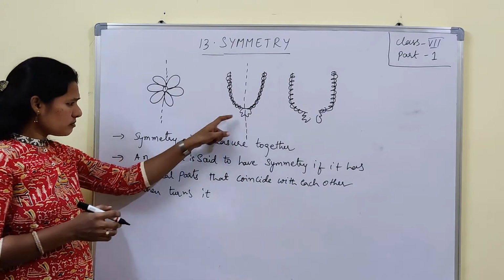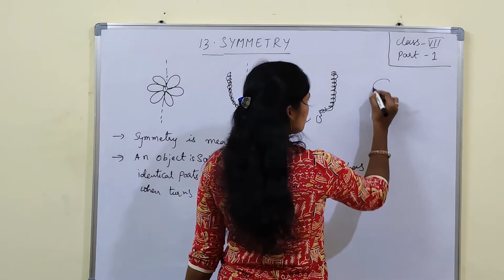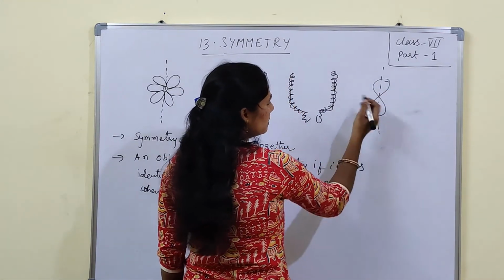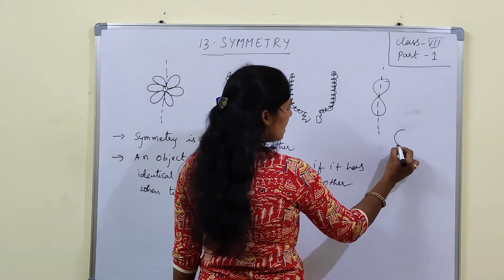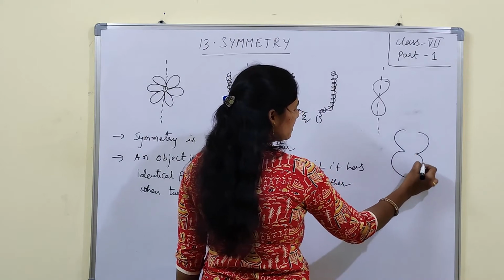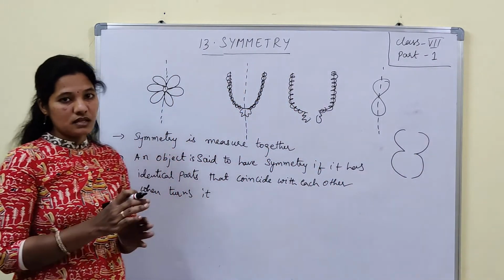In this case also, suppose I take 8 as a number. In the left-hand side, it looks like this, and in the right-hand side, like this. When you place one upon the other, they overlap each other.